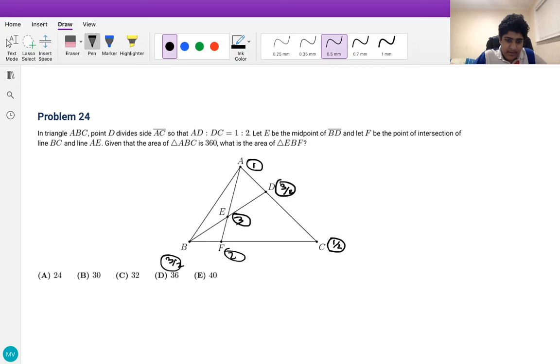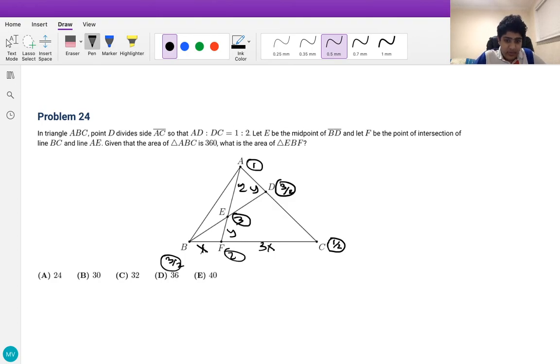So we have x, and then here we have 3x, because the mass of C is 1/3 of that of B. Similarly, looking at AE to EF, if AE is going to be 2y, EF is going to be y. And this is because the ratio of the mass of A to F is 1 over 2. So EF is going to be half of AE.